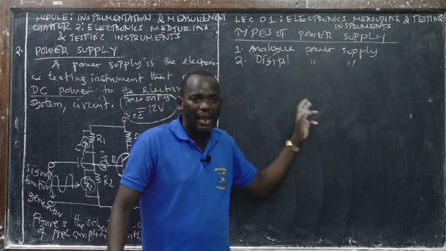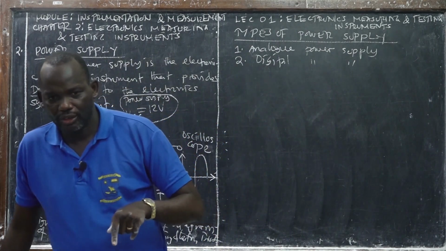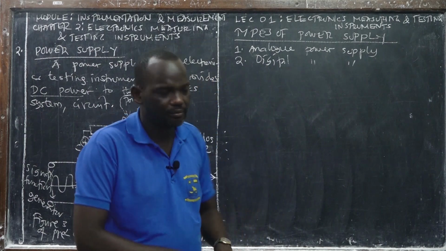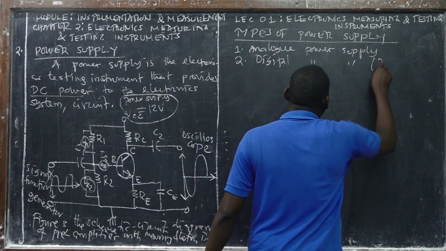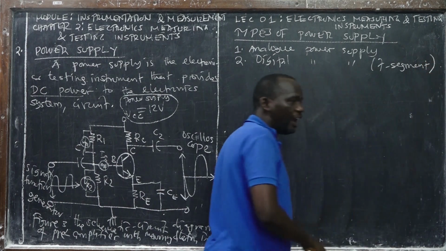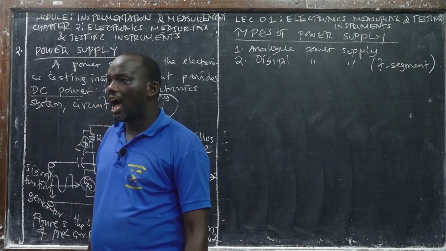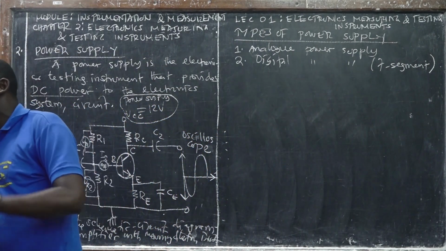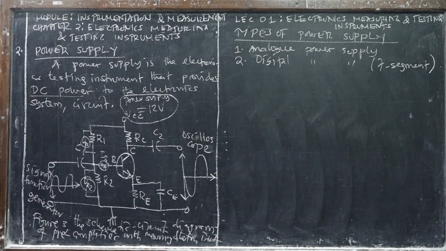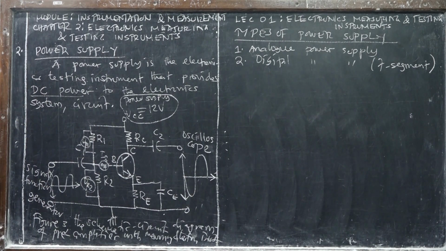So the digital power supply for this case does not use an LCD display. It uses 7 segment. So its display uses 7 segment. It's just like you see in Mendokasi display, or in petrol stations.